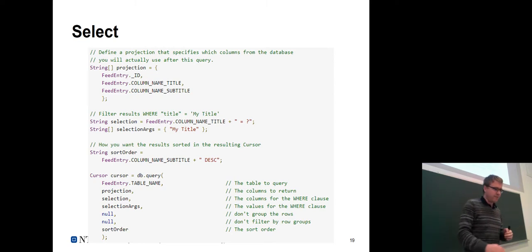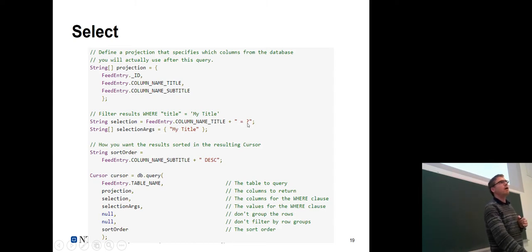So you define what's referred to here as a projection. If you're getting a table, for example, with the identifier, the column title and subtitle, whatever else, then this is what you want to get in return. It would be the second statement following the select. Then you have a selection of what you actually want. The selection in this case would be that the column title needs to equal something.